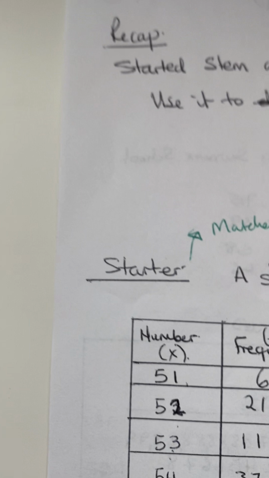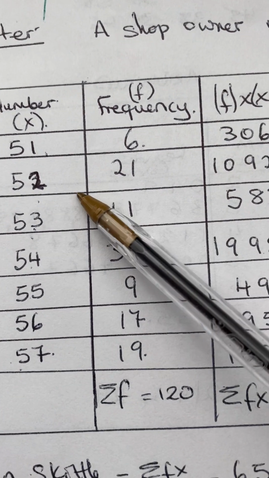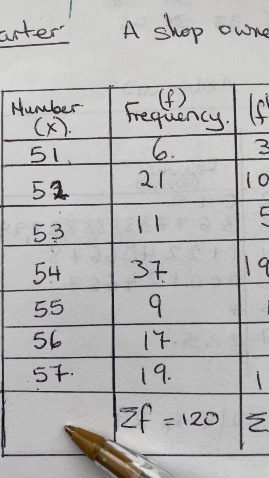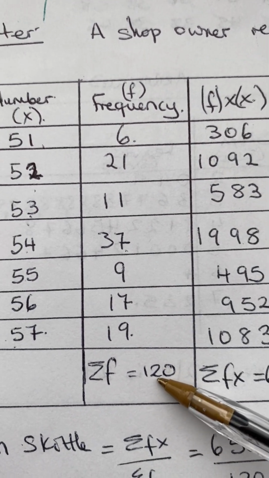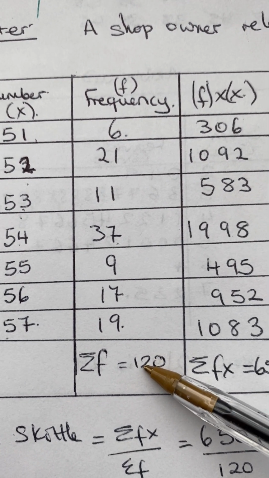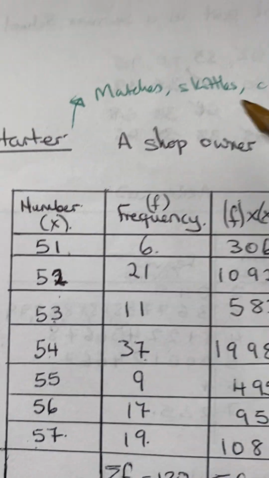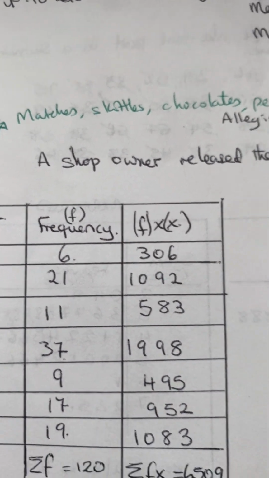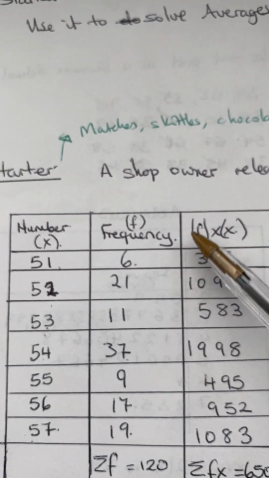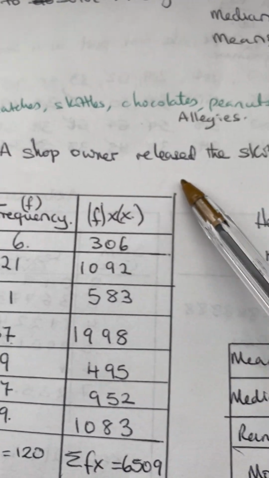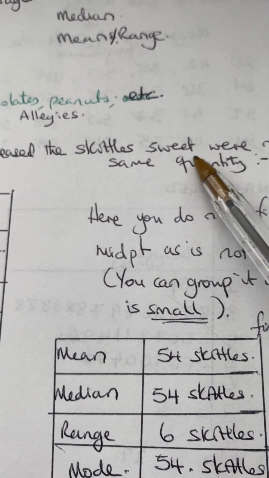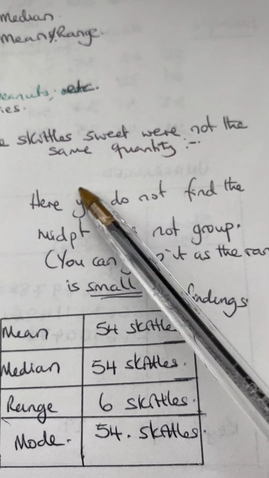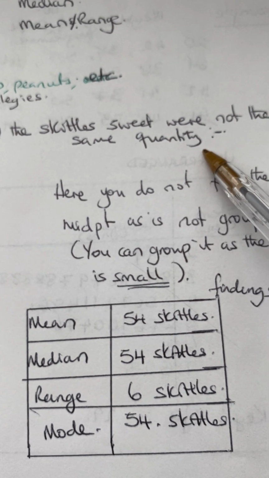Now this is not grouped data, and it's a lot of data, 120 of them. They haven't given you the data, but they said a shop owner realized that the Skittles sweets were not of the same quantity.